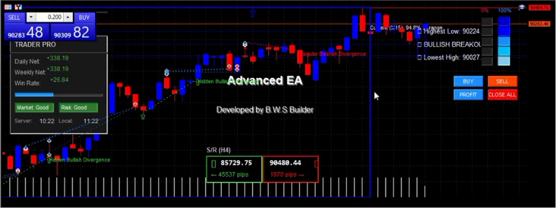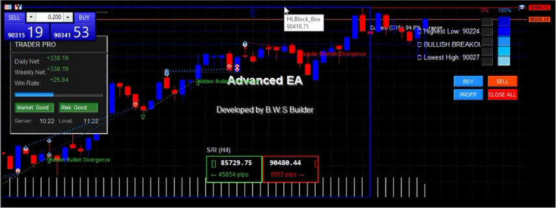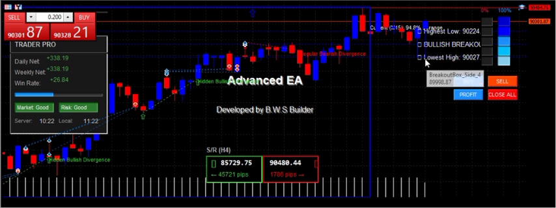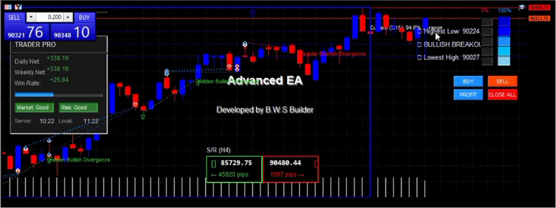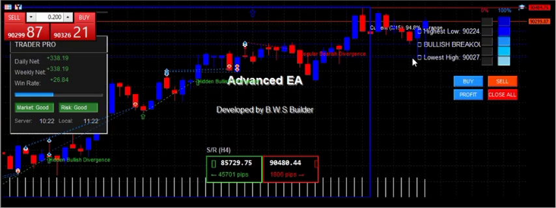Then it executes trades. We have the option for pending order or instant execution. Now here it will calculate the breakouts. When you look at the breakouts, we have the lowest high, we have the bullish breakout, we have the highest low. Then it executes trades based on this breakout also.